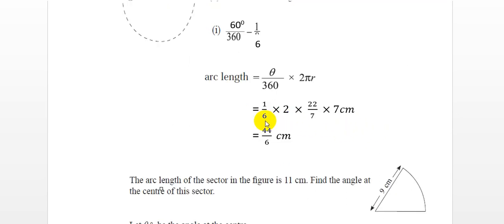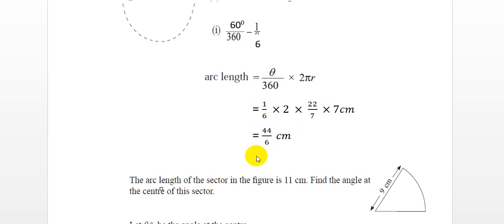Since I have mentioned all the values, now it is time for us to do the calculation. As you can see, the denominator 7 and this particular 7 I can eliminate. So I end up with the numerator 1 multiplied by 2 multiplied by 22, which is 44 over 6 centimeters.